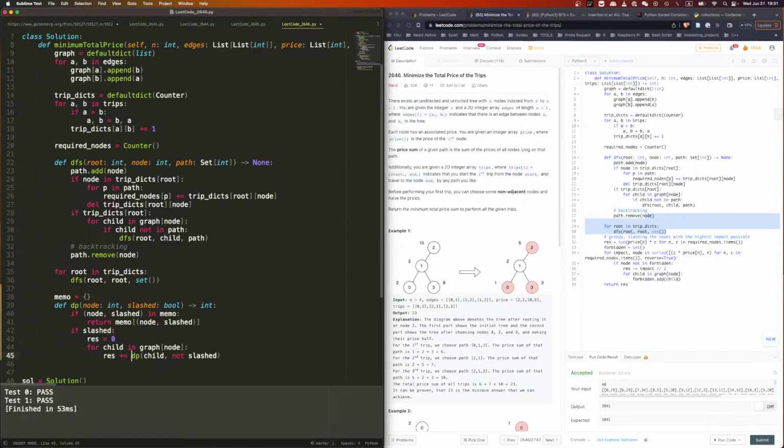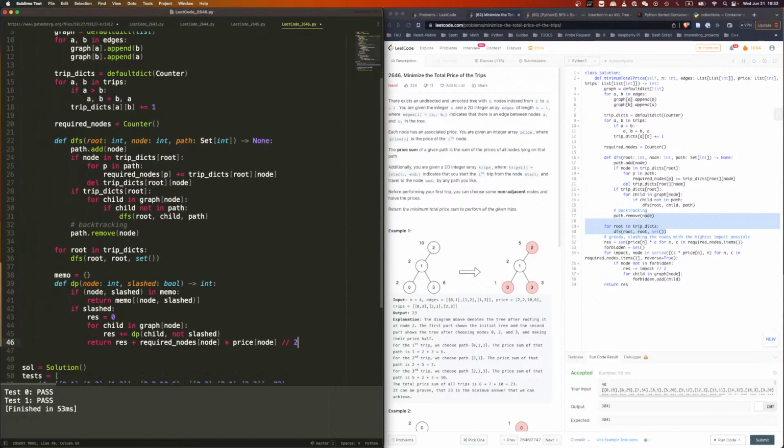So res plus equals my child, because it's all subtree, right? And we shall return, because I am slashed, res plus required nodes[node], the count, times price[node] divided by 2.